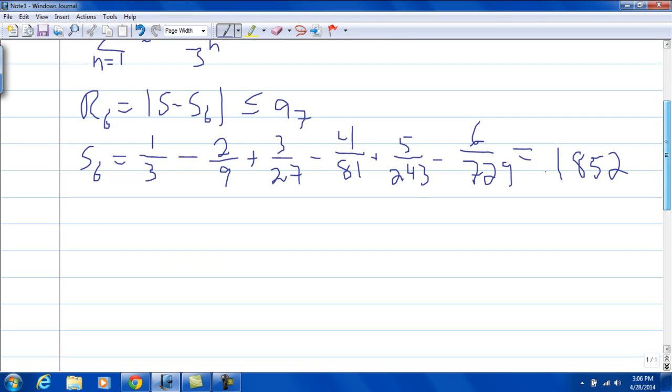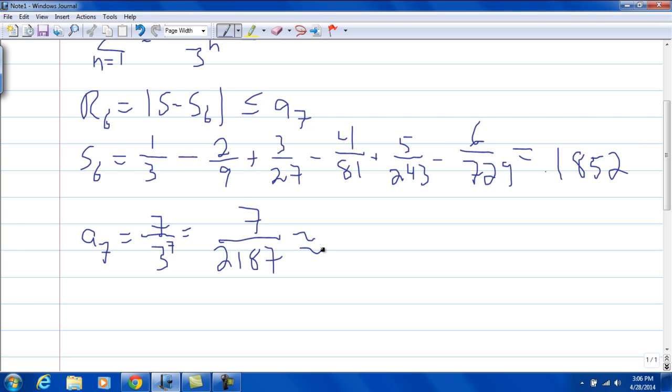Okay, so now let's look at our A7 term. A7 is going to be 7 over 3 to the 7 power. Okay, so 3 to the 7 is 2187.